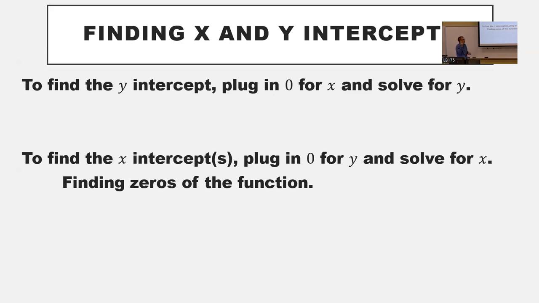And I think we know this already, but I'll mention it again. Since all of the y-intercepts have the form 0 comma y, in order to find a y-intercept, we just plug in 0 for the x value.